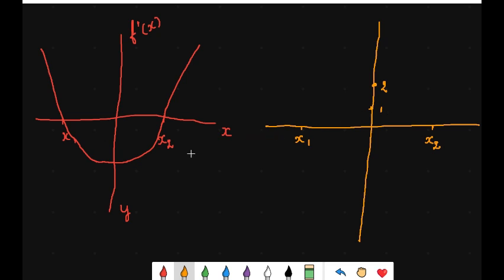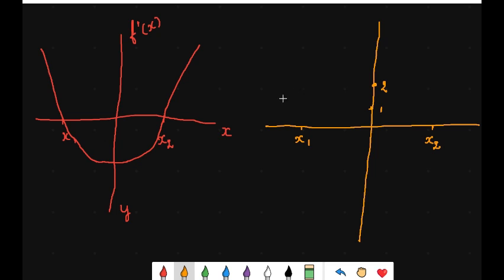Now, as you can see, if I look at the actual derivative, it changes from positive to negative exactly at x1. In other words, the trend changes exactly at x1. Same thing happens at x2. So all we need to think about is, at x1, the trend line is doing what?